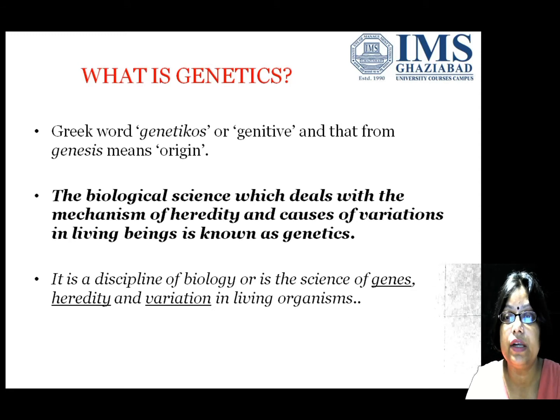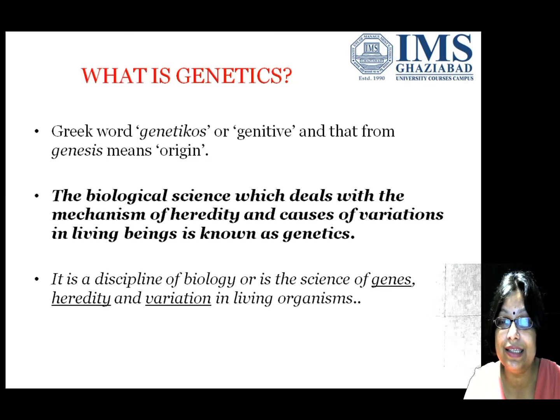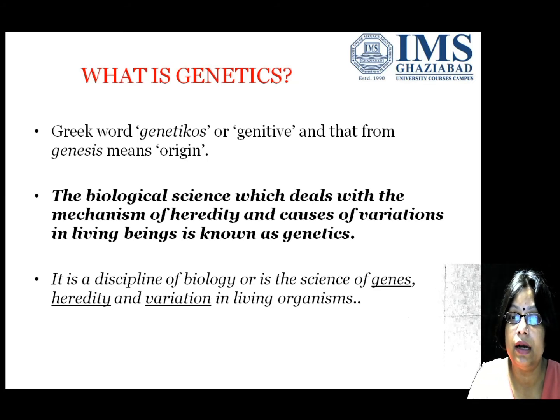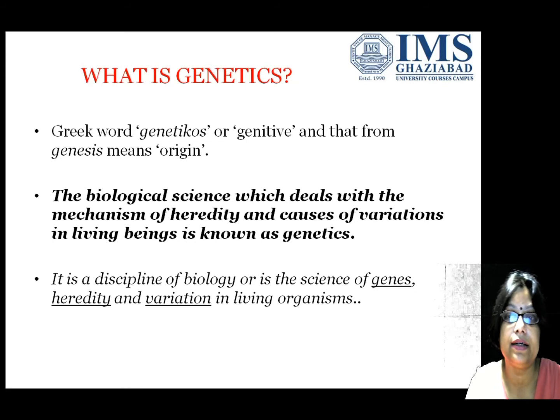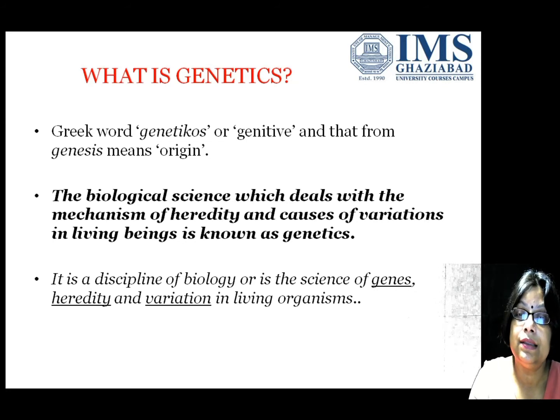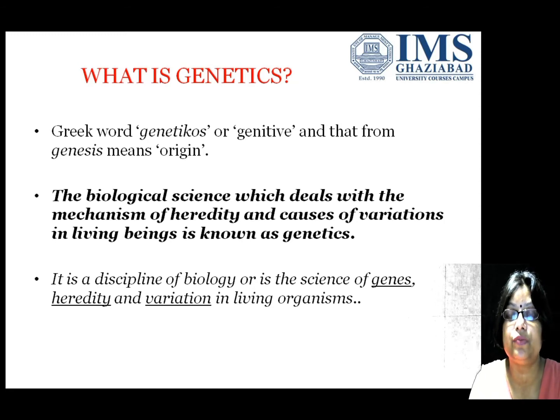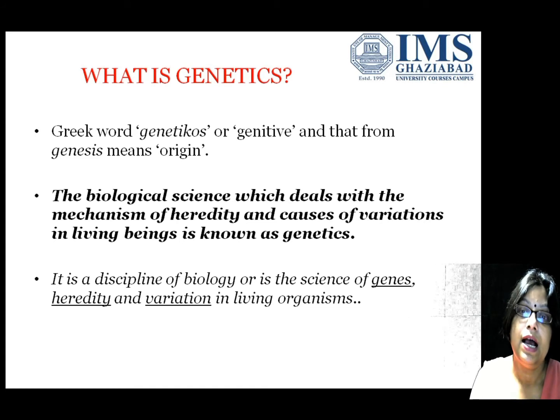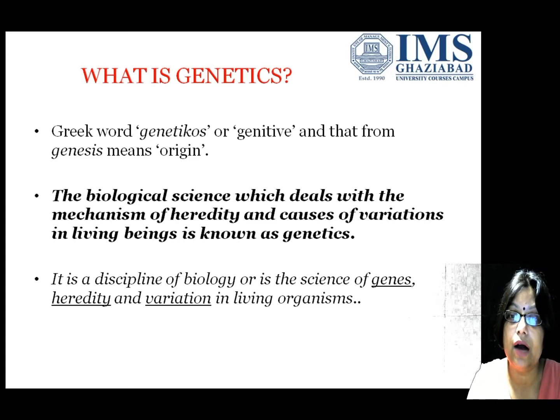Now, causes of variation, what does it mean? It means that when the characters get inherited from one generation to another generation, in that process or after the completion of that process, that is the inheritance, you find variations among the individuals of the same generation.